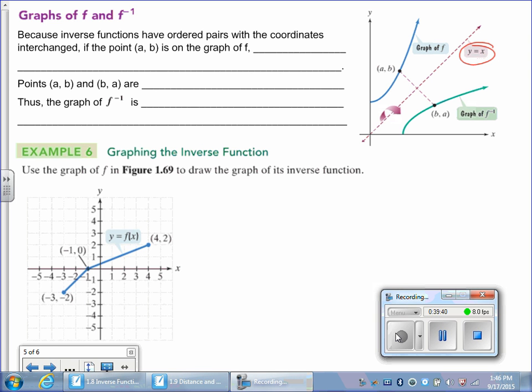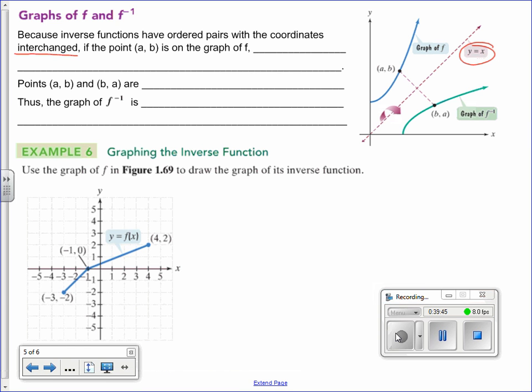Because inverse functions have ordered pairs with the coordinates interchanged, if the point (a, b) is on the graph of f, then the point (b, a) is on the graph of f inverse.